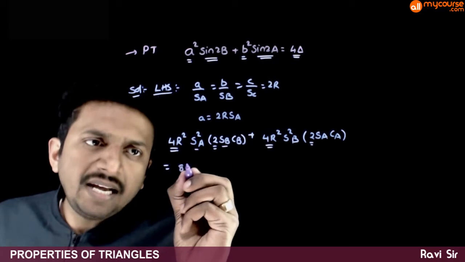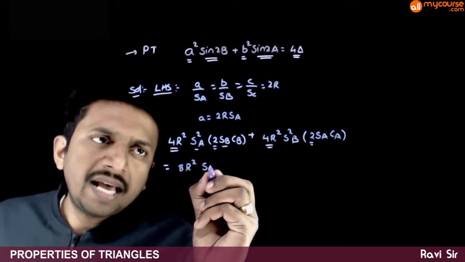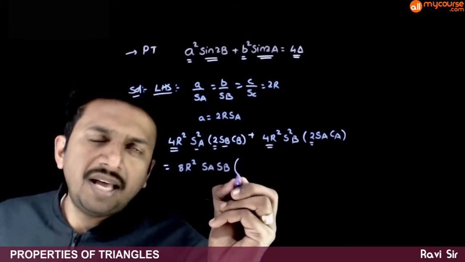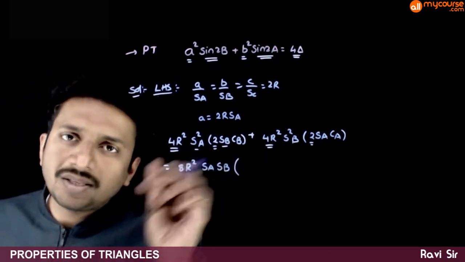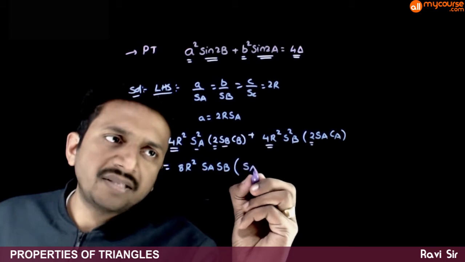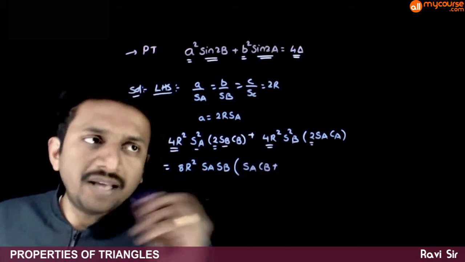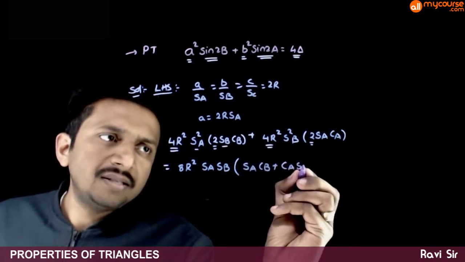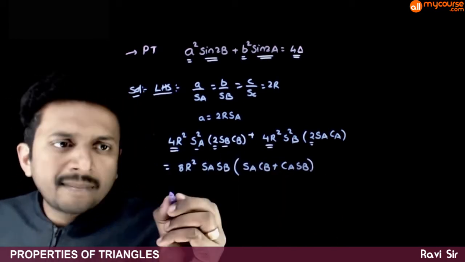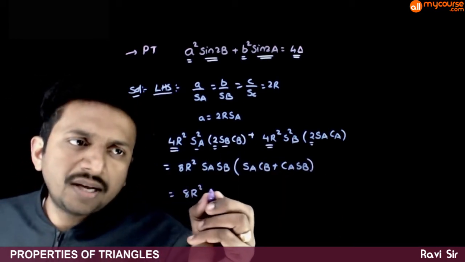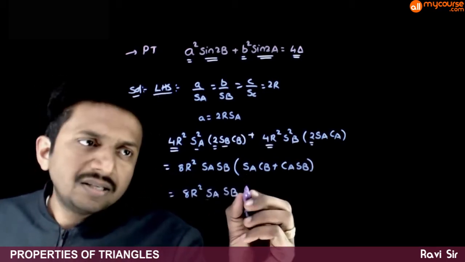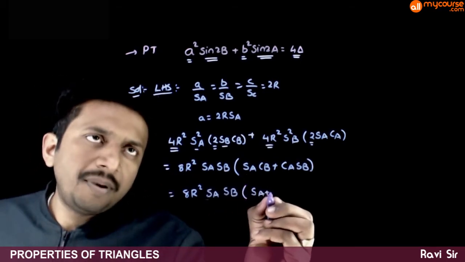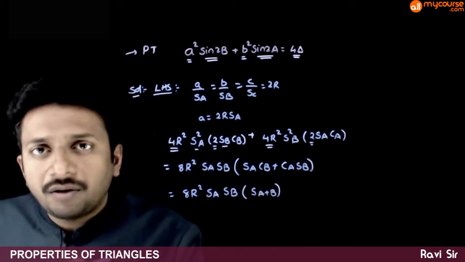So you have 8R square sine A sine B times sine A cos B plus cos A sine B. That is equal to 8R square sine A sine B times sine of A plus B.